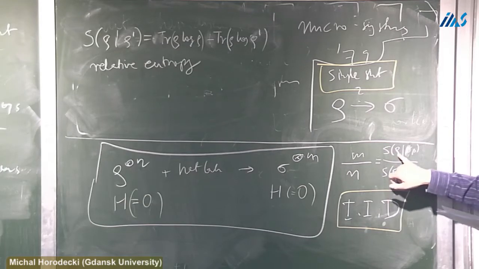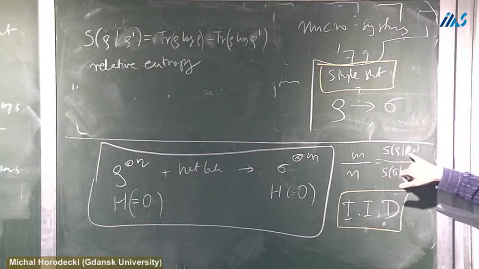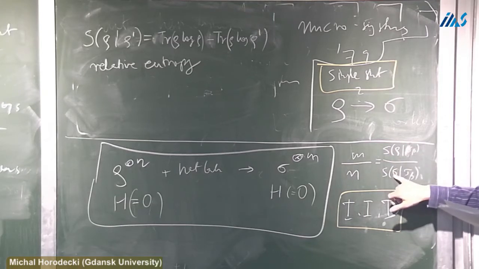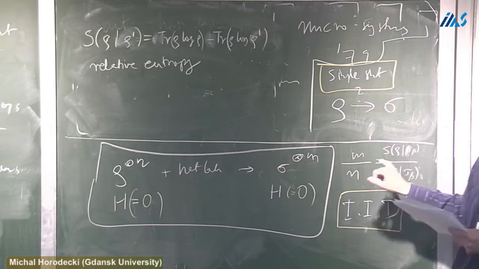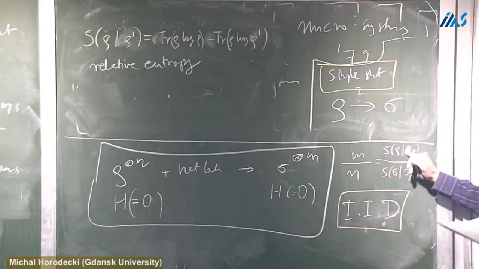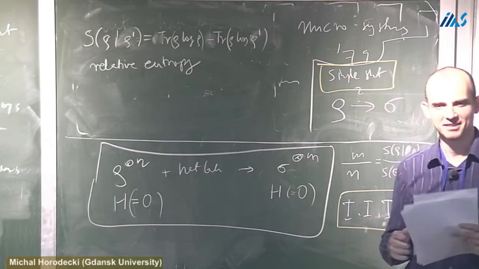Here is a Gibbs state, and beta is the inverse temperature. So beta is 1 over kT.